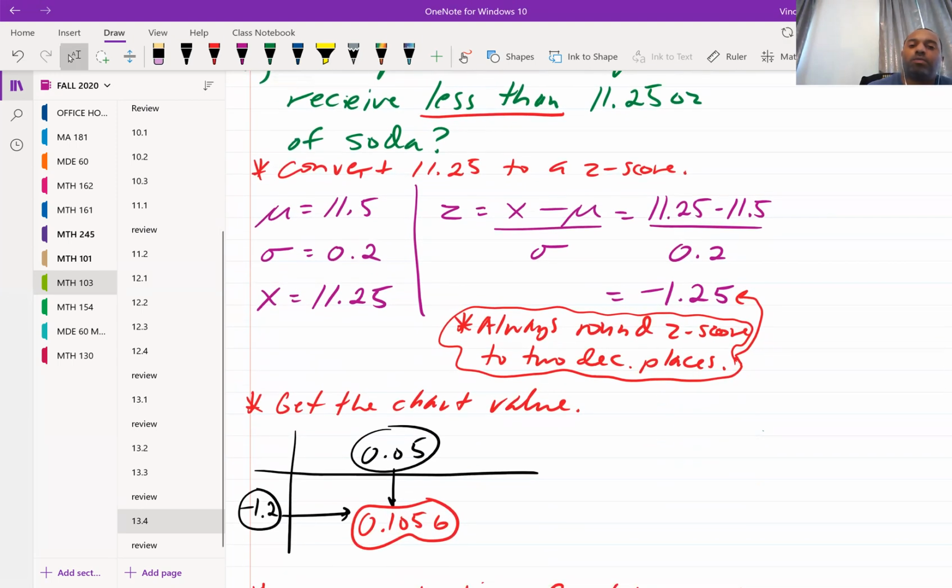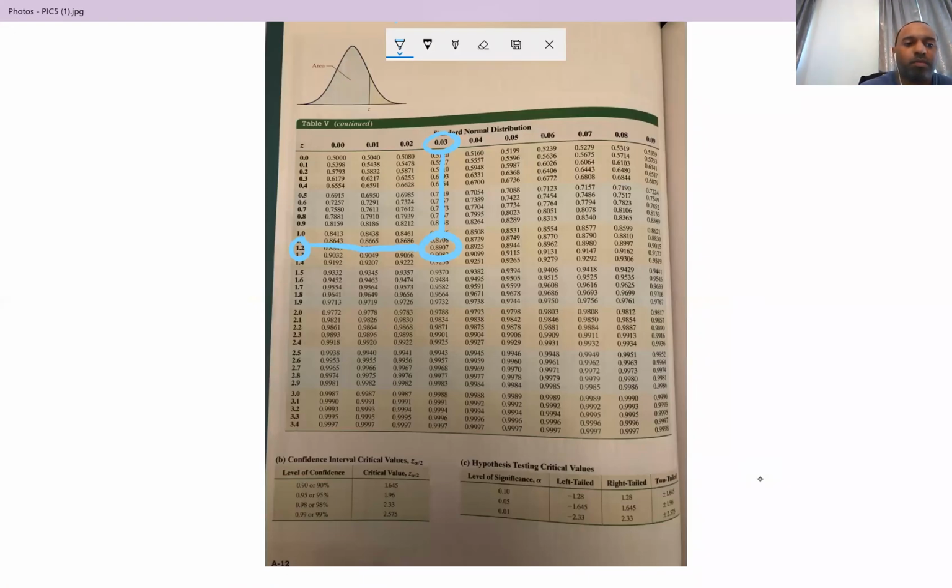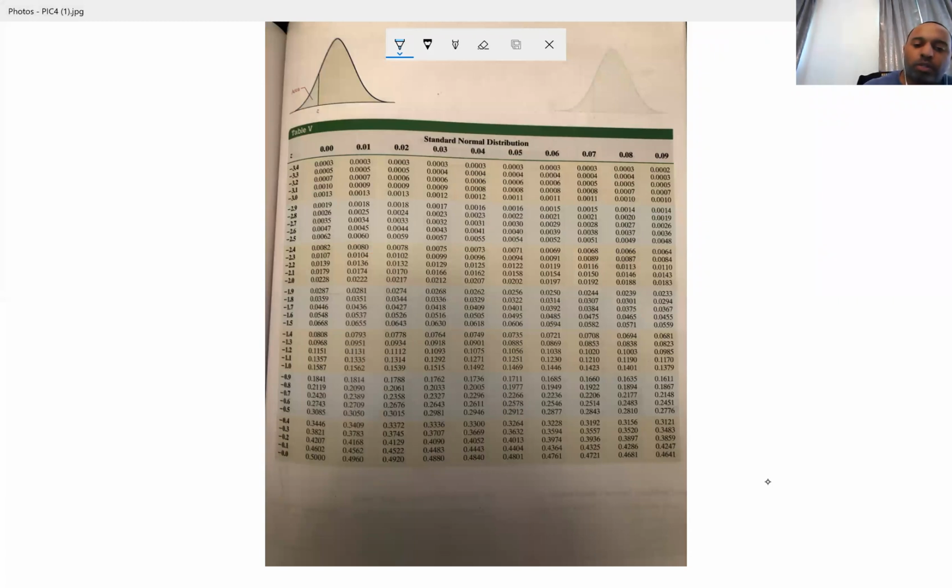All right, so now you go to the chart, you go get the chart value, and I'll show you guys that one more time. So we're looking for negative 1.25.